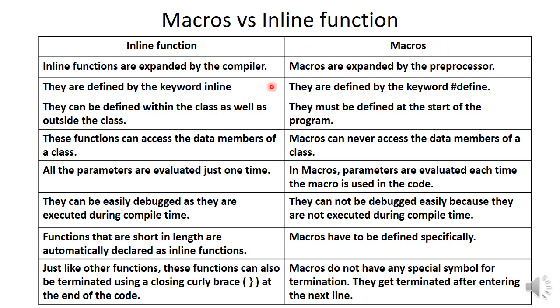But there are some differences that we can discuss. Inline functions are expanded by the compiler. Remember that expansion is the process of copying the function definition statements into the function call statement.